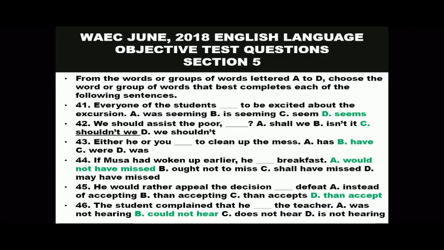Now, one of the rules of sequence of tenses is that when you have a past tense in the main clause, then this should be followed by a past tense also in the subordinate clause. So here, the student complained, that is past, that he could not, which is past as well. Okay.